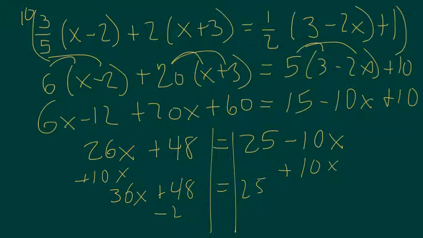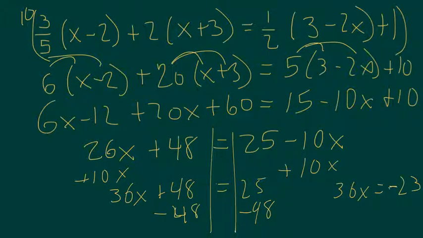Then I would solve the two-step equation, minus 48. I end up with 36x equals, no, I've got 20. That would be 23. Negative 23. Can't seem to get the negative sign there.